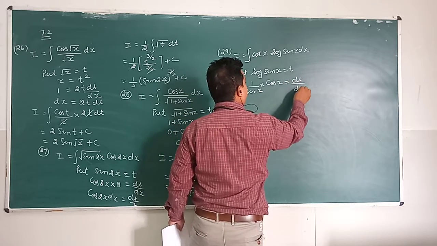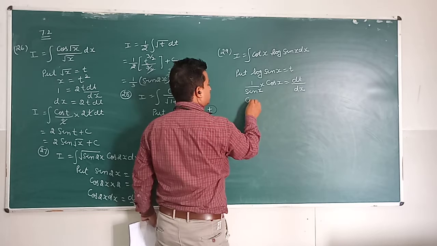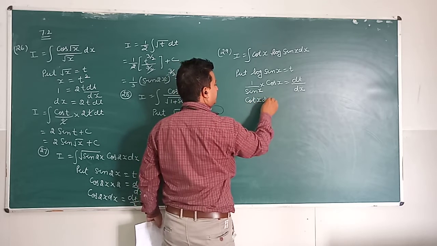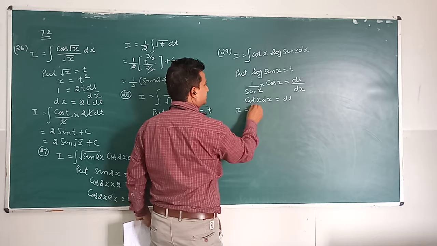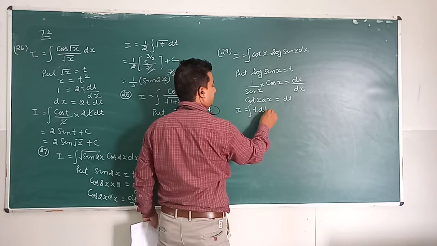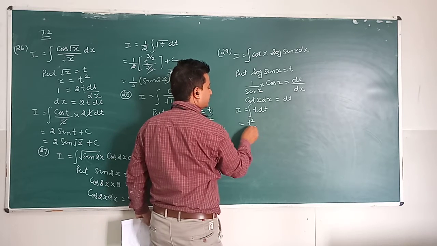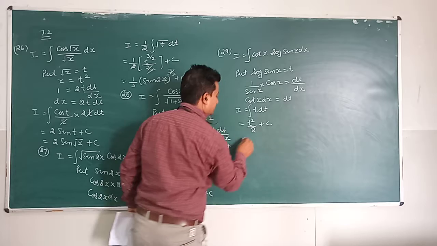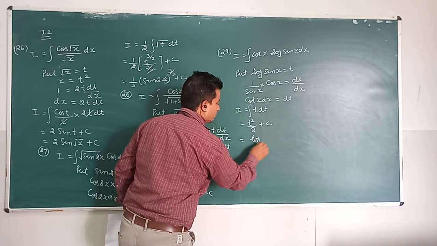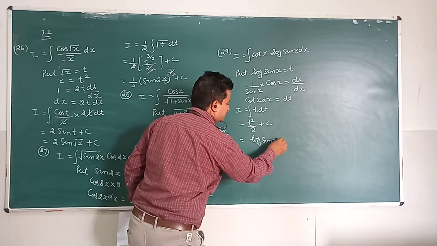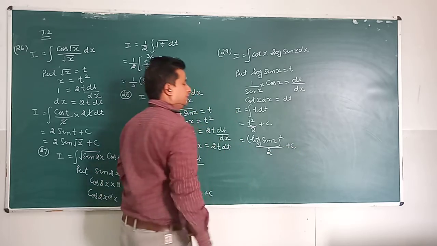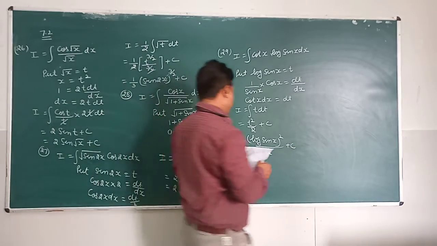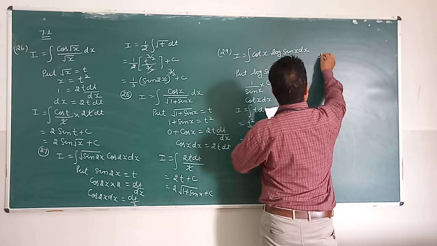So it's dt upon dx. Cos upon sin is cot, so cot x dx equals dt. So its integration is t dt, which is t square upon 2 plus c. So the value of t gives log sin x whole square divided by 2 plus c. This is the integral of question number 29.